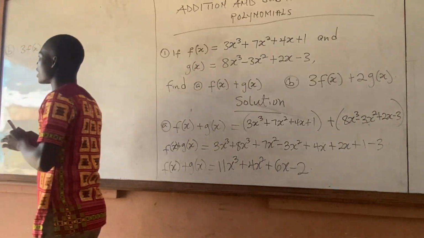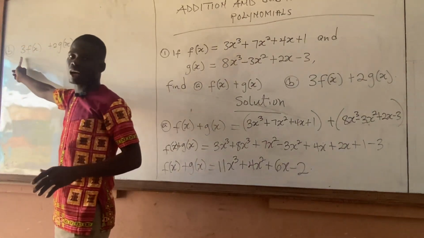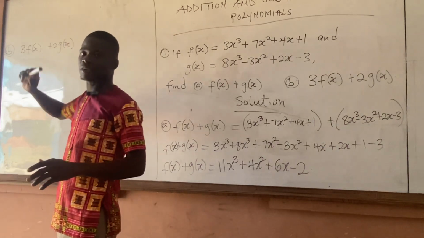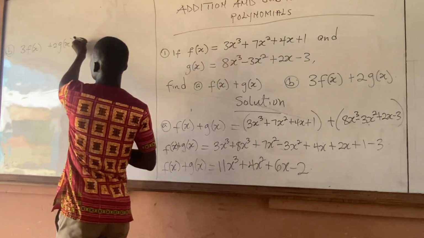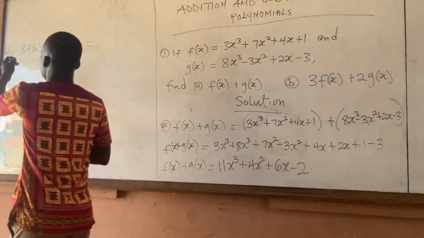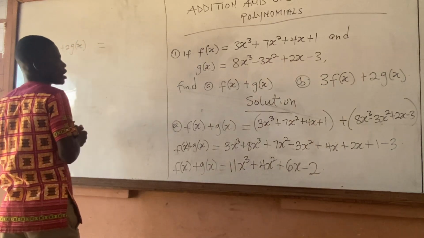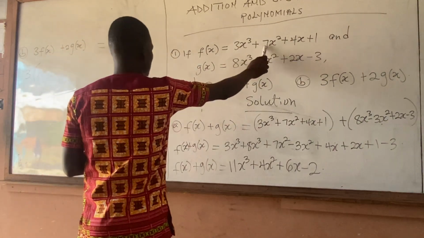So we have to simplify 3 times function f plus 2 times function g. So which is equal to, we have the 3 here, 3 times function f. And the function f is this one.